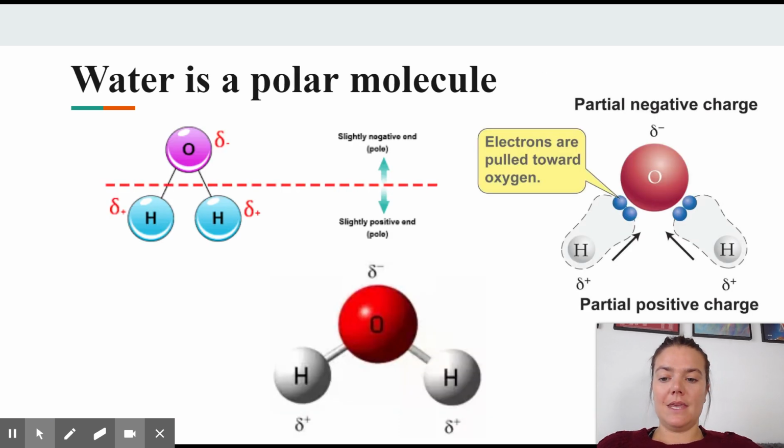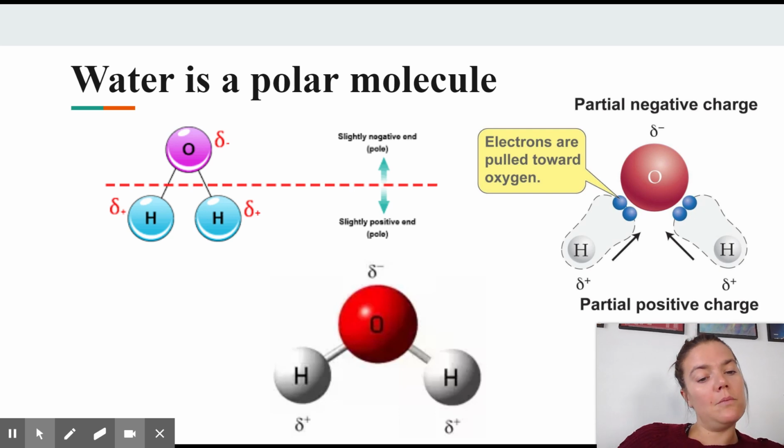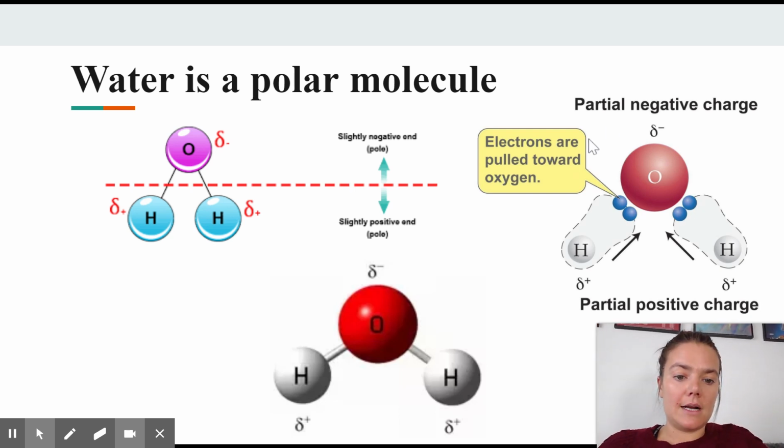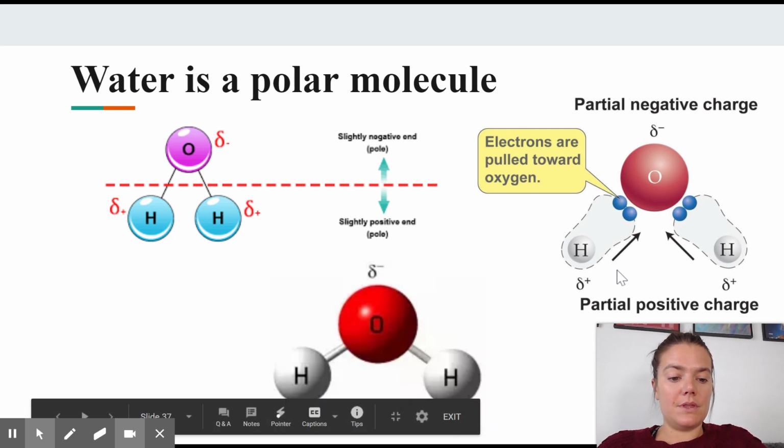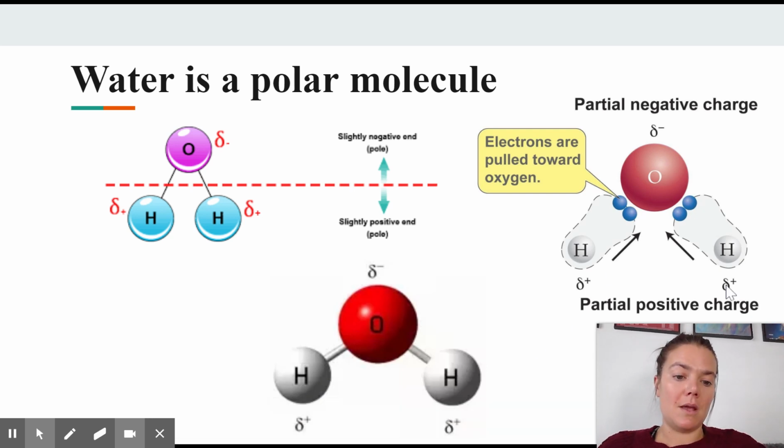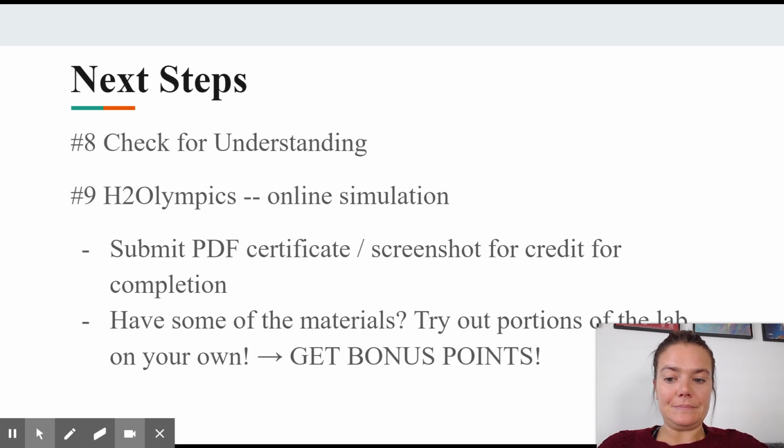All right, so if the oxygen is pulling the electrons more towards itself, electrons are negative, that means the oxygen side of a water molecule has a negative charge on it, a partial negative charge. It's not a full negative charge because the electrons are still shared, but there's a slightly more pull of the electrons towards the oxygen, so it has what is called a partial negative. The hydrogens are left then with the partial positive because the electrons are being pulled away from them.